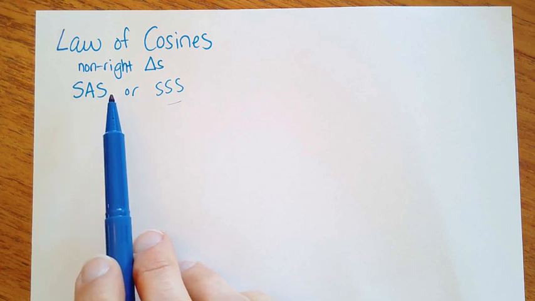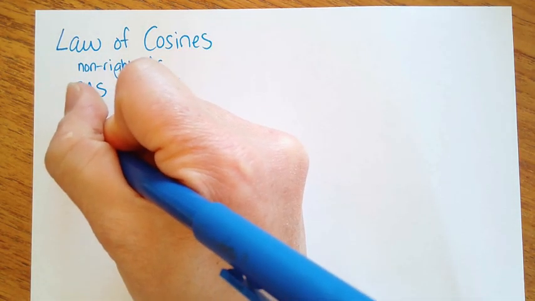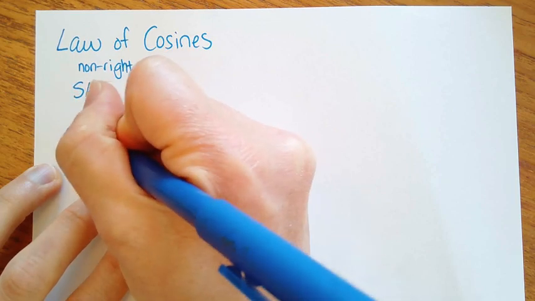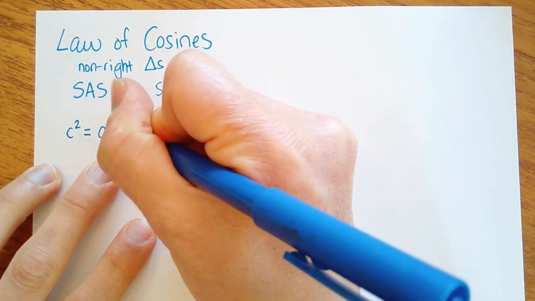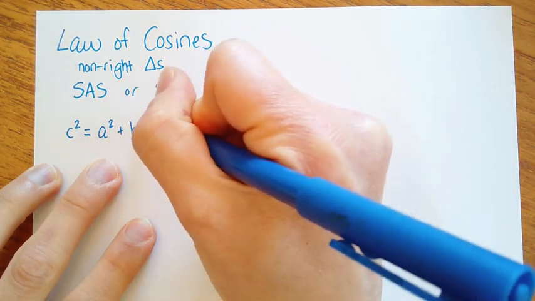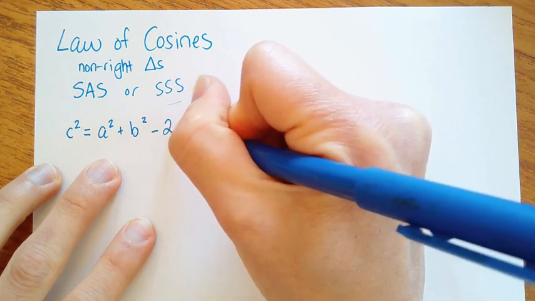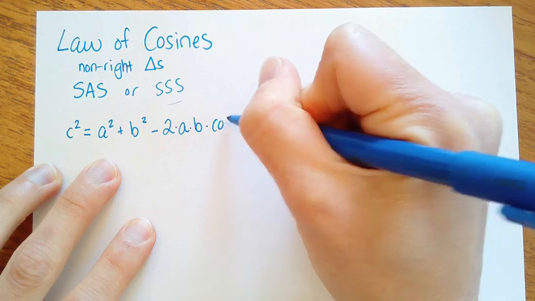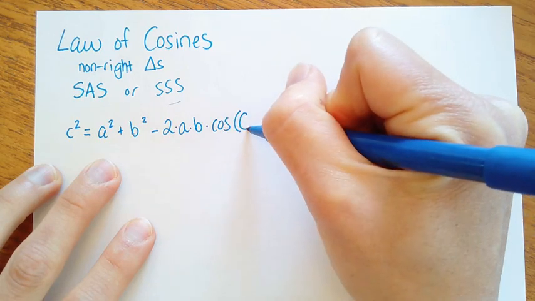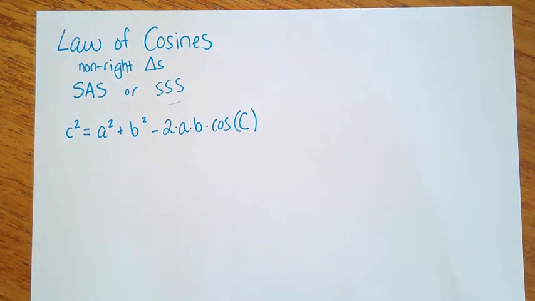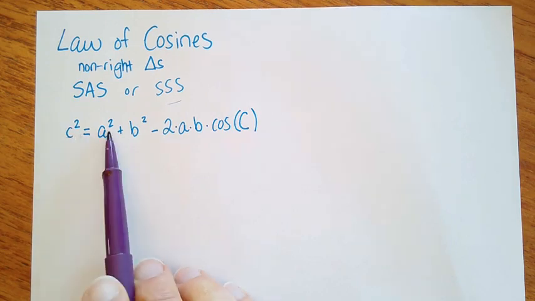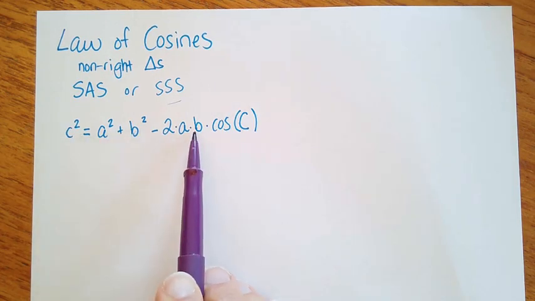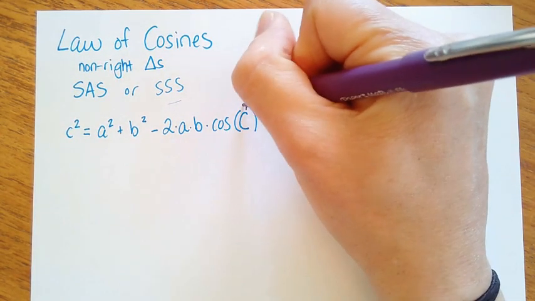So let's begin by writing down the law of cosines. C squared equals a squared plus b squared minus 2 times a times b times the cosine of angle C. What's important is that all these lowercase letters stand for side lengths, but this one is an angle.